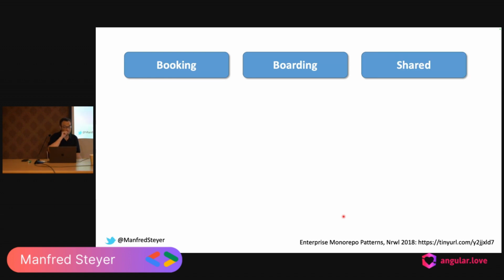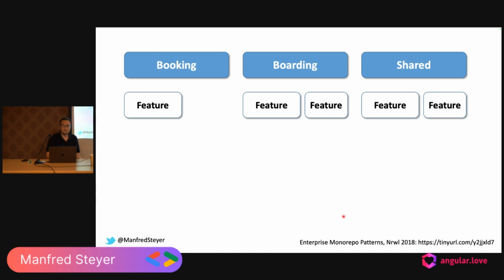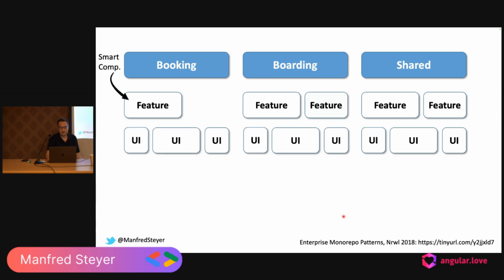In general, what we do a lot, and here I'm referencing the smart people from the NX team, we are subdividing our system not only into business domains, but also into layers. For instance, we have a feature layer with smart components. We have a UI layer with dumb components.